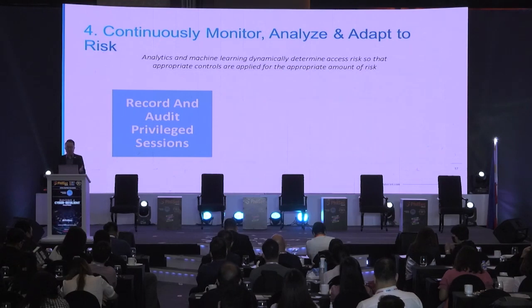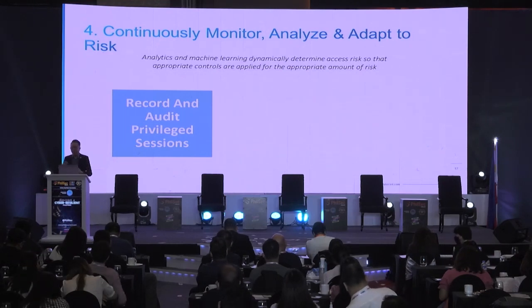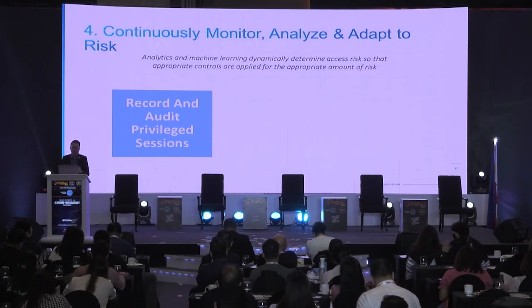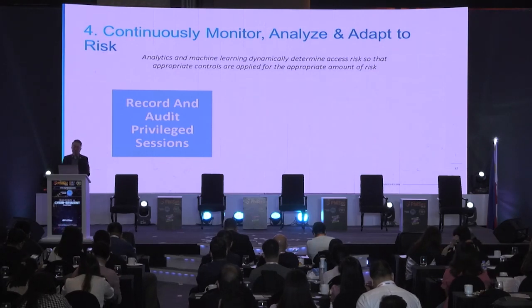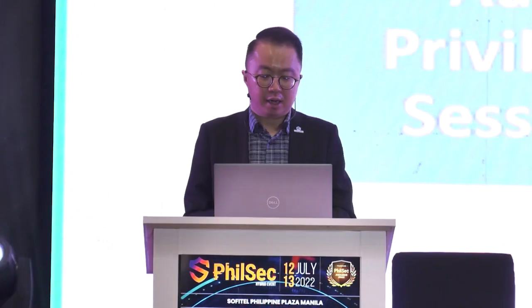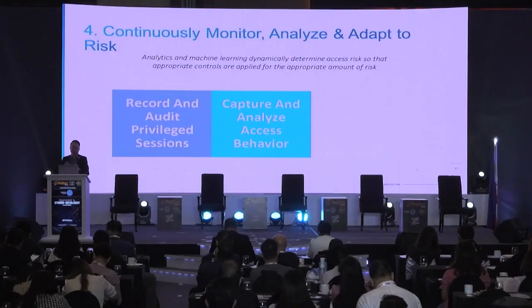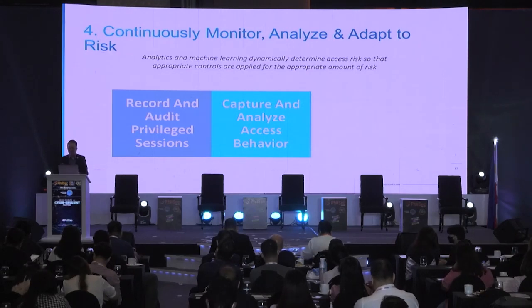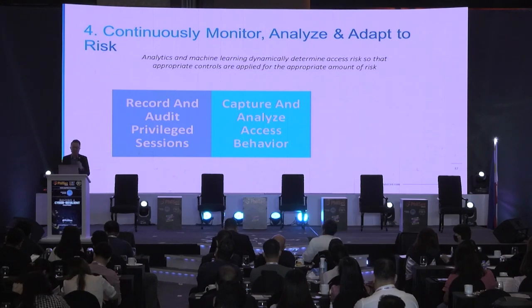This is important for proactive actions or to enable forensic investigation when a security incident occurs. The activity of that access should also be analyzed against historical behavior in order to detect suspicious actions, identifying threats that may otherwise have appeared normal and slipped under the radar.